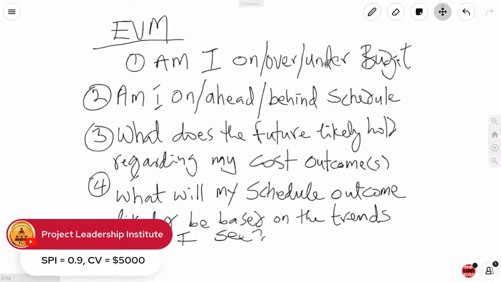Let's say CPI is 1.1, and let's say your schedule variance is minus $55. Let's put that on the screen. Tell me, is this good or bad? From a cost perspective, you're under budget, which is good.